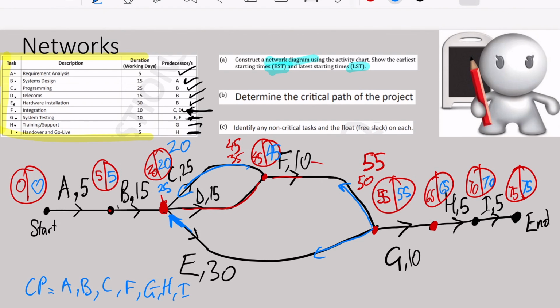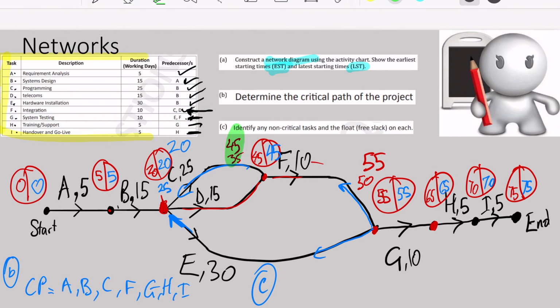Okay, and now it says identify any non-critical tasks and float times. So this is for part B. Alright, so what's happened over here, so I might just use my highlighter and let's go green.